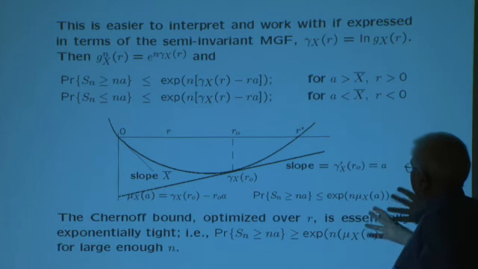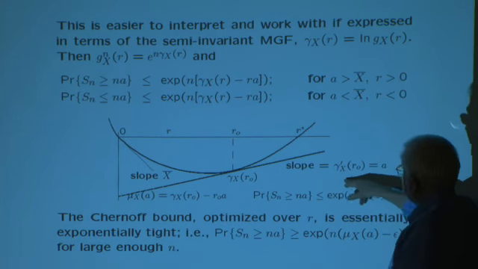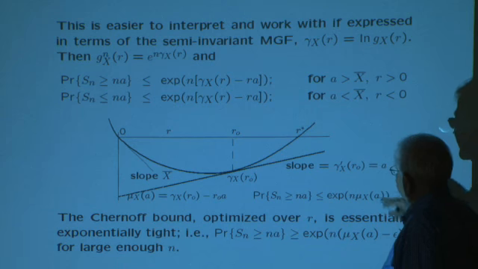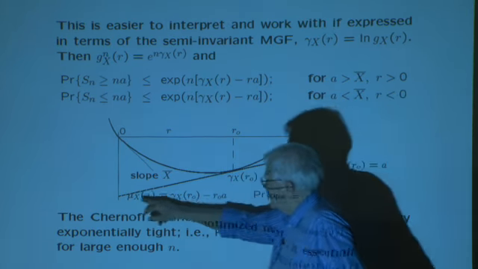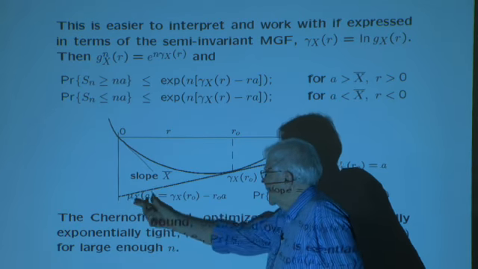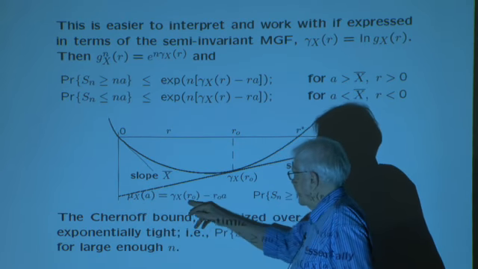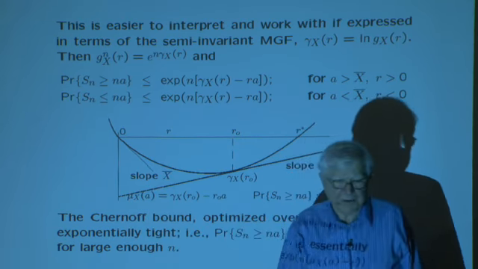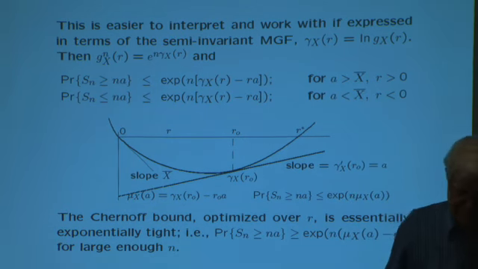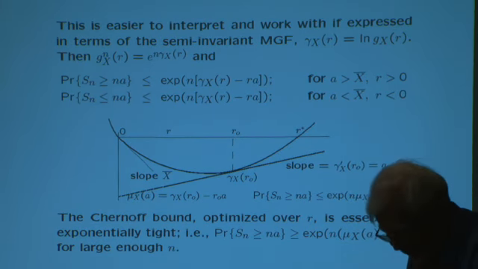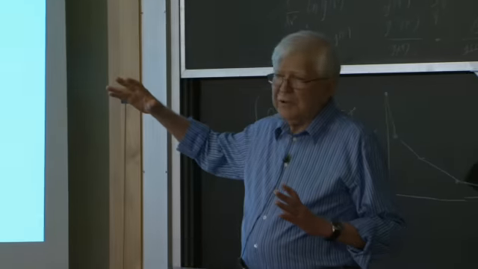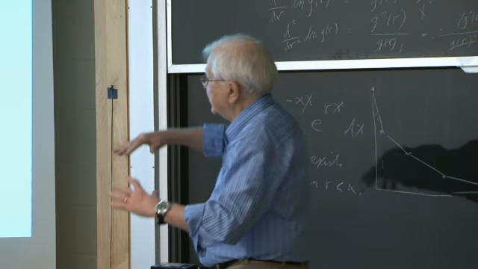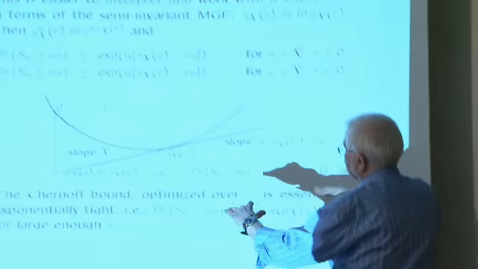Okay, so then we take a line of slope gamma prime of r equals a. It's tangent at this point here. You look at this point over here, and you get the minimum value of gamma x of r minus ra. So what this says is when you vary a, you can go through this maximization, tilting this curve around.